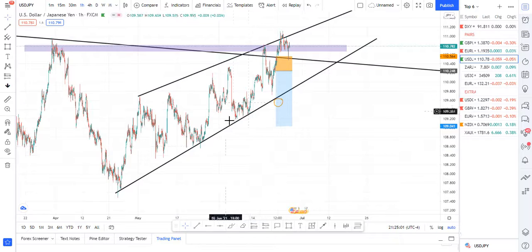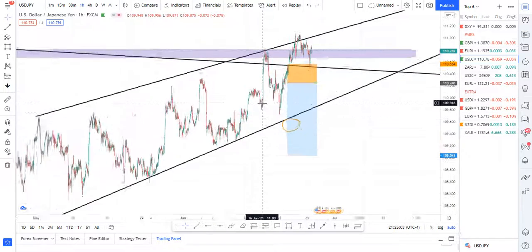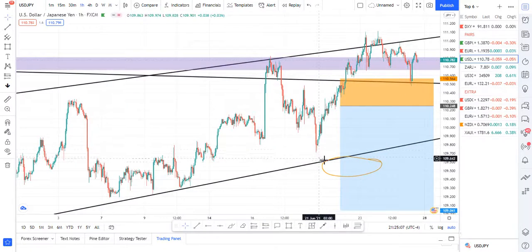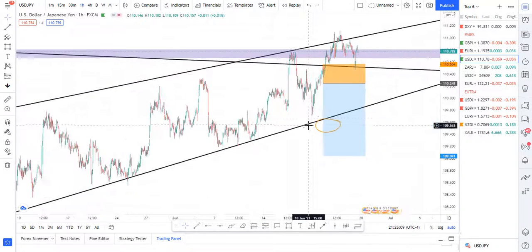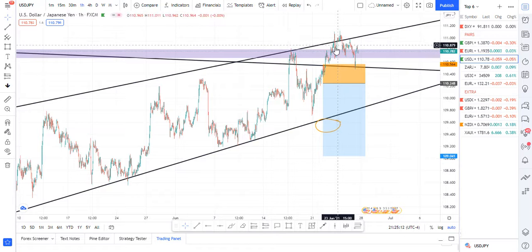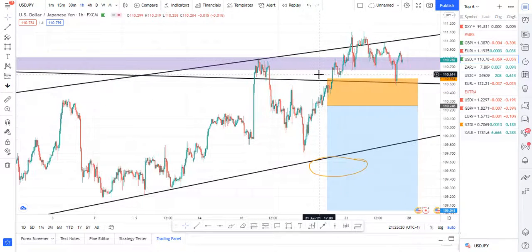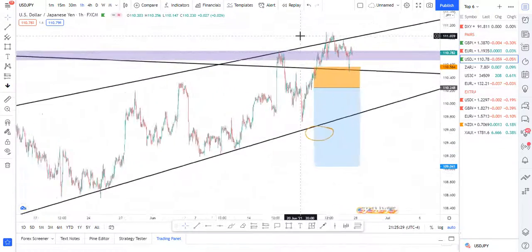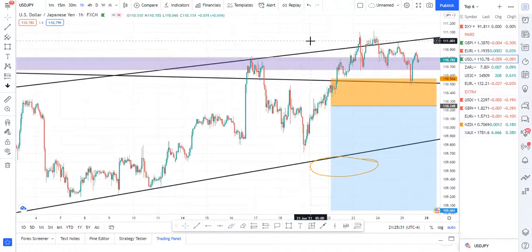I don't want to force and put it there. But then if you do it still, wow, it just rejected here, never touched. Then it went to the top. It is so annoying that it did that, because if it had touched here, I would have gotten properly in the trade, right? But it didn't. Instead, it went to the upside, and it knocked me out. Honestly, I don't have much to say about this.